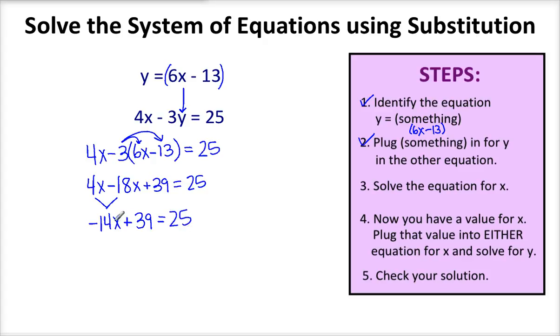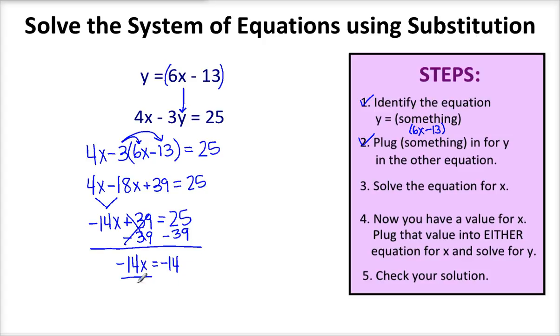So to solve, I need to get x by itself on this side of the equal sign. So this 39 is on the wrong side, it's got to go. So combine it with the 0 pair, which is negative 39. And subtract 39 on both sides to keep it balanced. These will cancel each other out. And I'm left with negative 14x equals 25 minus 39, which is negative 14.